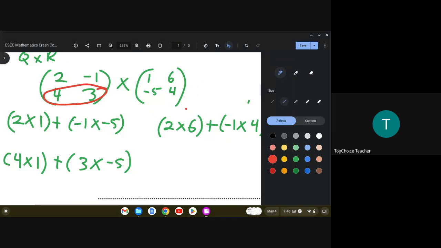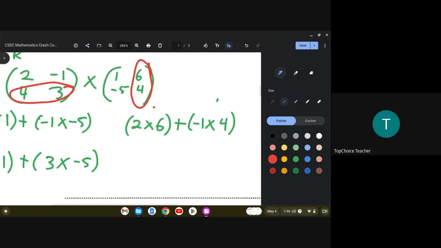And the last thing now, we deal with the last column. What we're going to do, the same thing again. What is the first element in the row? 4 times the first element in the column, which is 6. Add the second element in the row now.